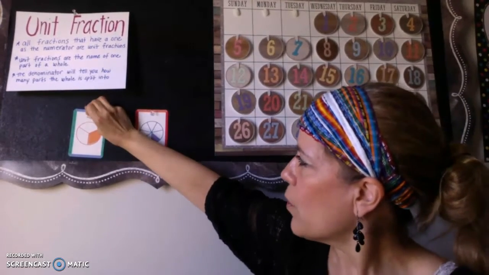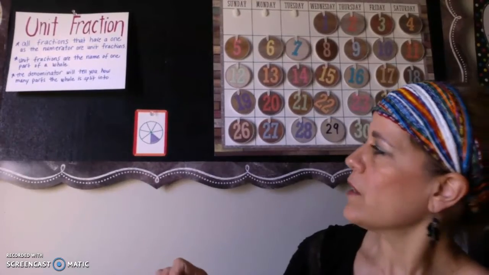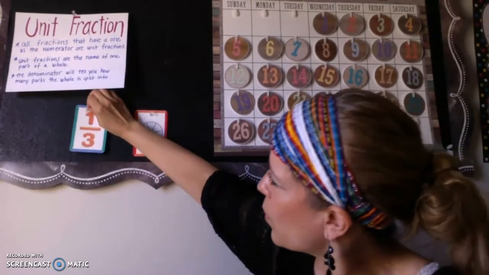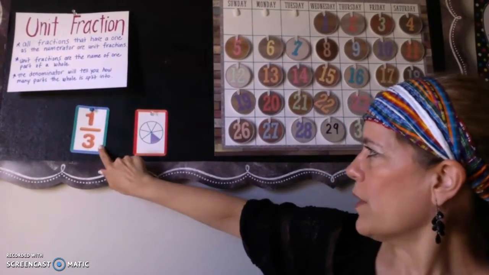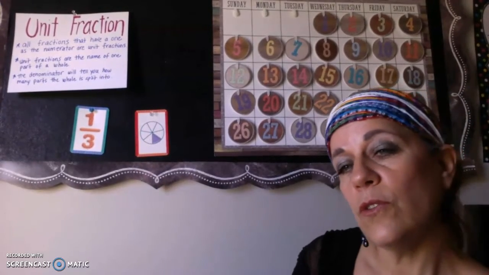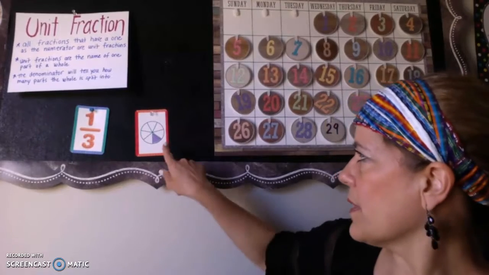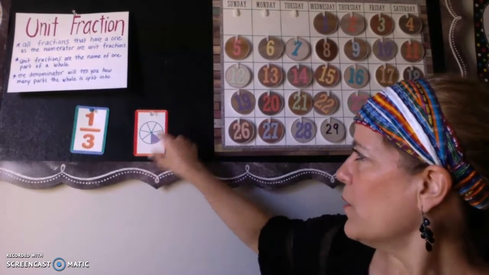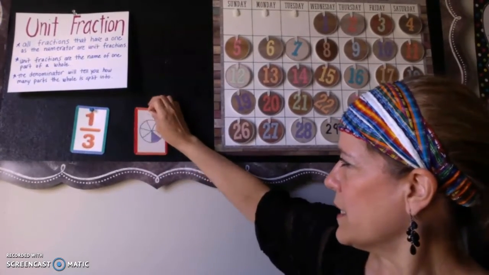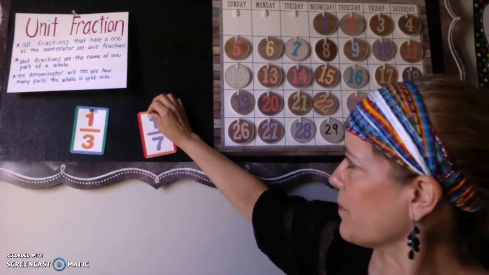So here we have 1/3. So I'm going to go ahead and put that up there. 1/3, and this circle is divided into more parts, so the parts are a little bit smaller. 1/3, and this one is 1/7.